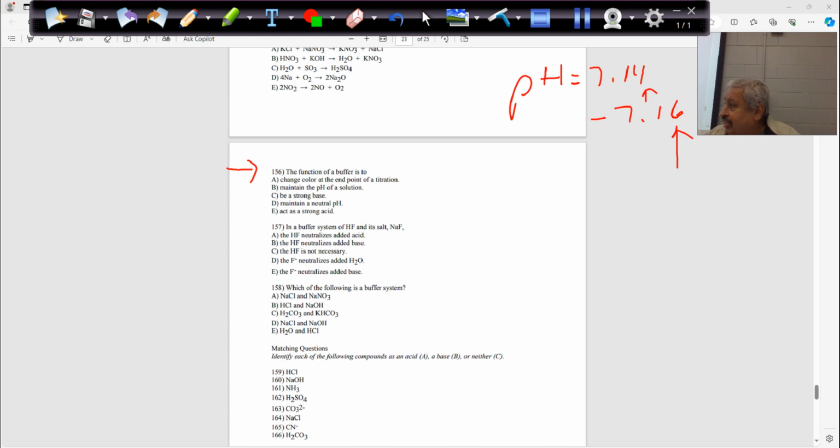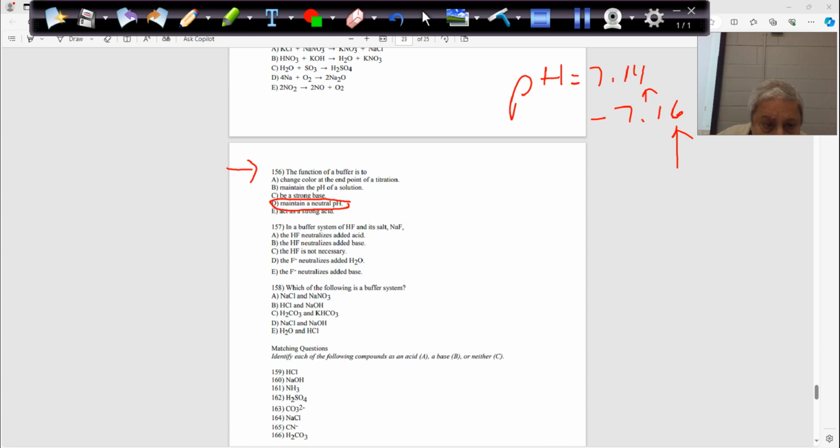And if the iron 3 is picked out by the cyano group, the person cannot exchange oxygen and suffocates. It's like putting a plastic bag on the person. So the answer is correct. The answer is maintaining the pH. And the best buffer system we have in nature is the blood of insects, humans, animals.